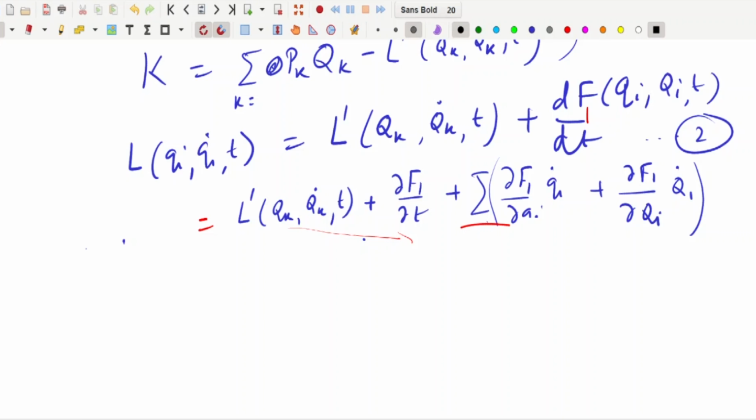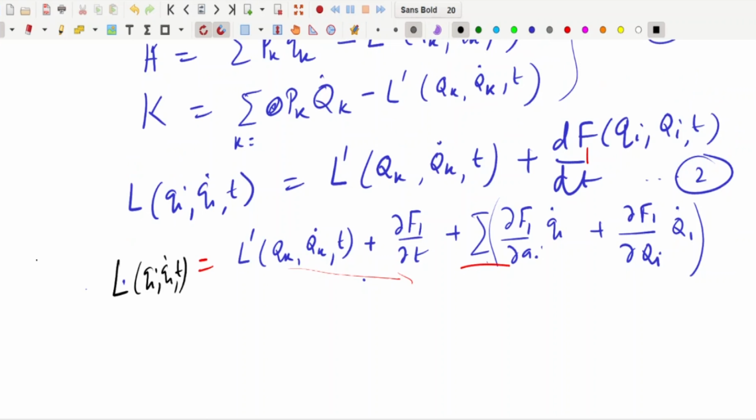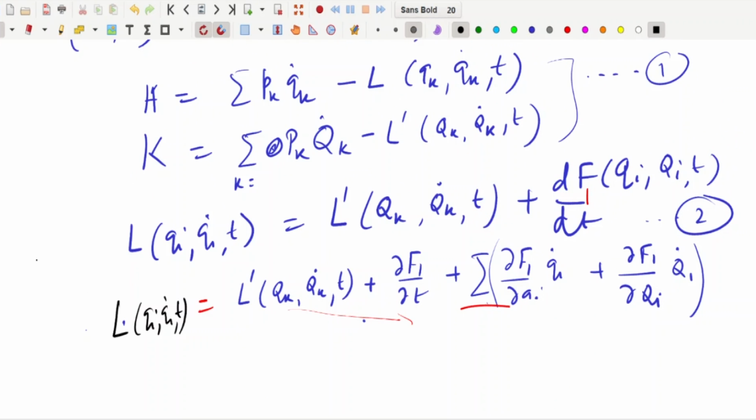Okay, so let us substitute. L is q_i dot and t, and then let us substitute L and L prime from equation 1.